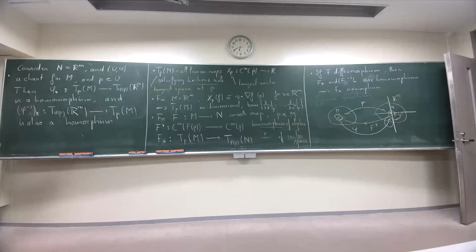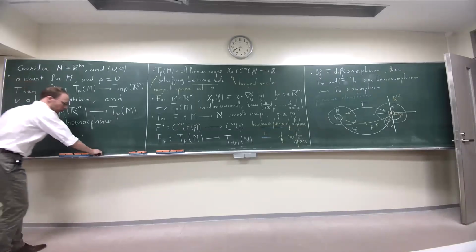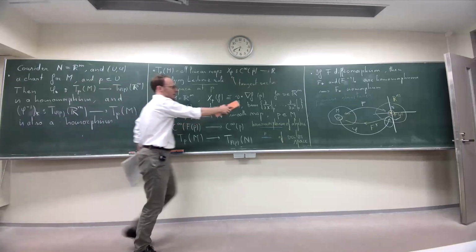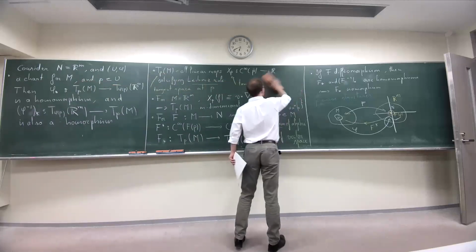So we are in the best situation because the map phi is bijective. So it means we have an isomorphism.